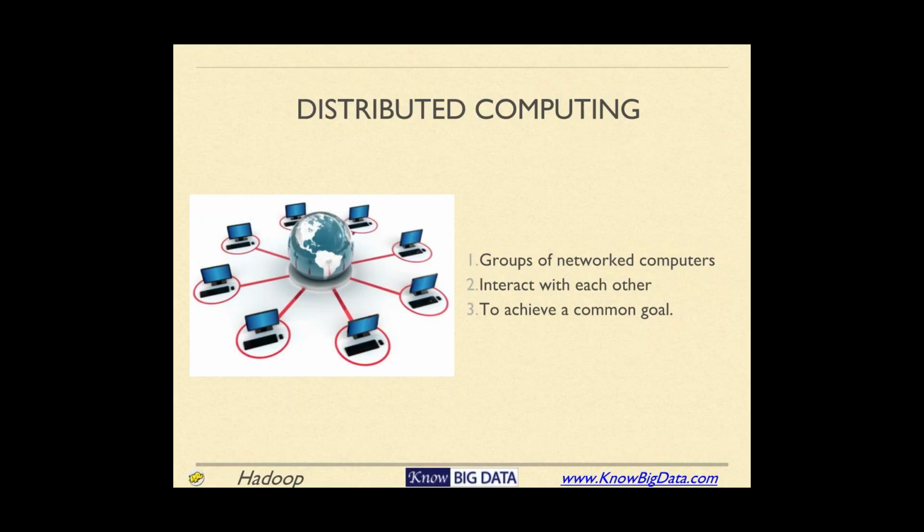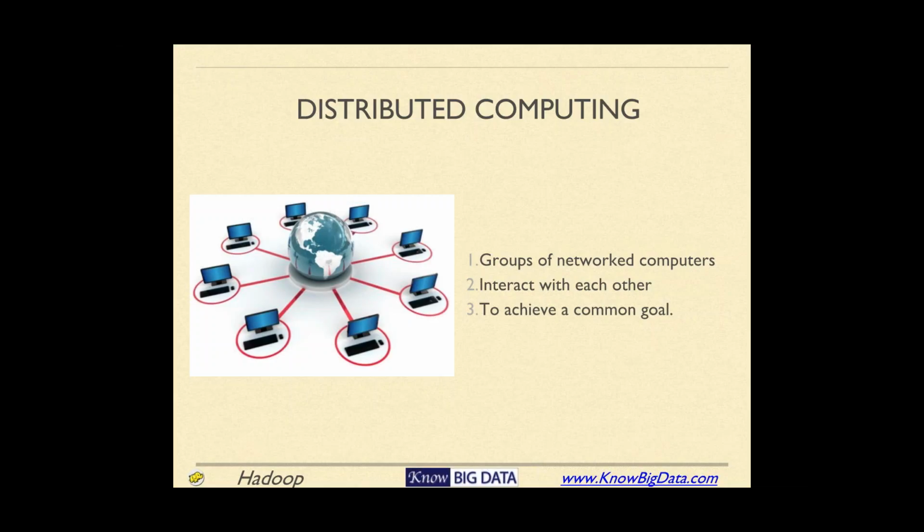Okay, so what is distributed computing? A network of computers or group of computers which are networked together, which interact with each other, okay, and achieve a common goal. So some part of the work is done by the first computer, some part is done by another computer, and so on, so that all these computers can solve your problem parallelly, and you don't have to rely on a single computer.